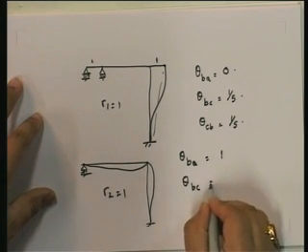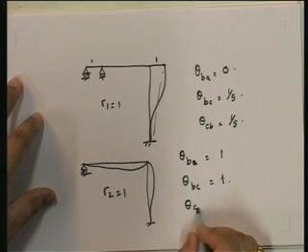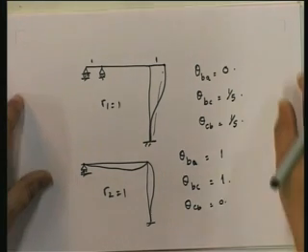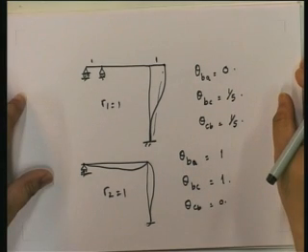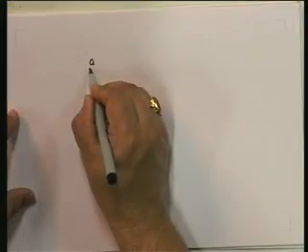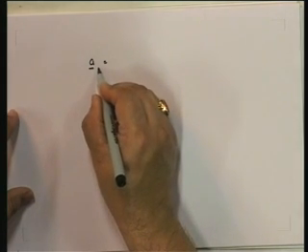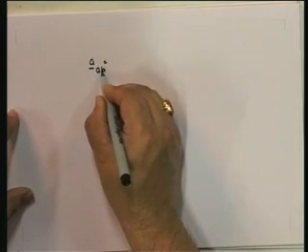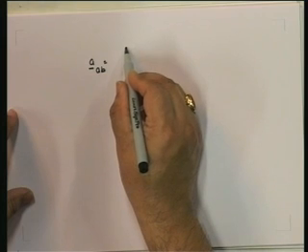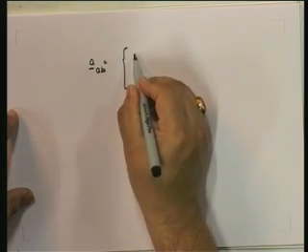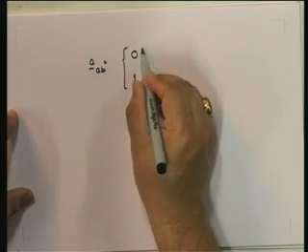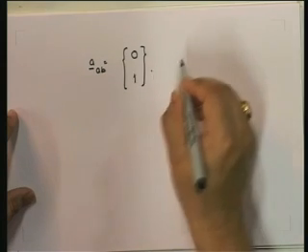Theta BC is equal to 1. And theta CB is equal to 0. So therefore, if we look at it, for member AB it is going to be 0, 1.